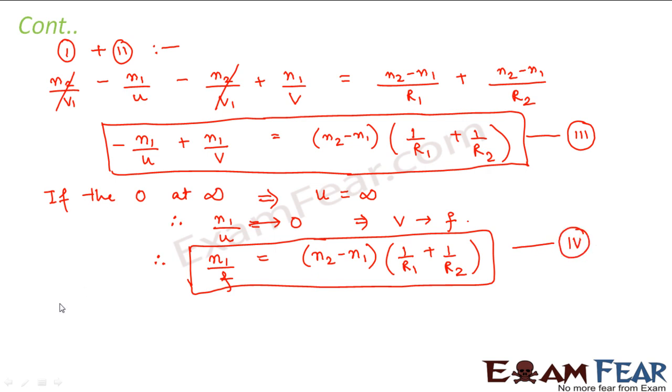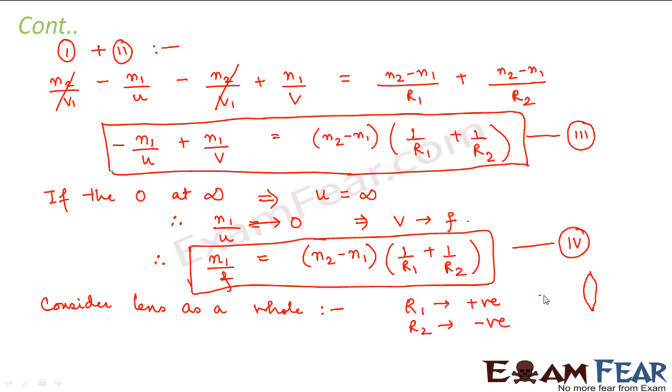Now considering the lens as a whole, what do we see? We will see that R1 is positive. However, R2 is negative. That's very obvious. Let us suppose this is my lens. If this is surface 1 and this is surface 2, so this is R1 and this is R2.